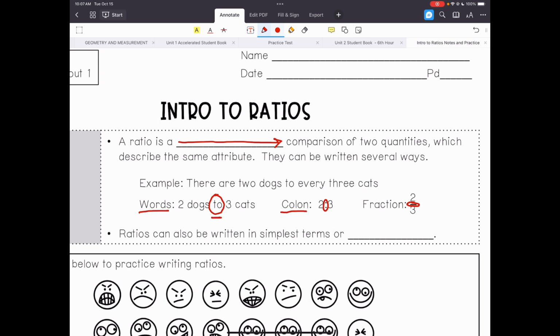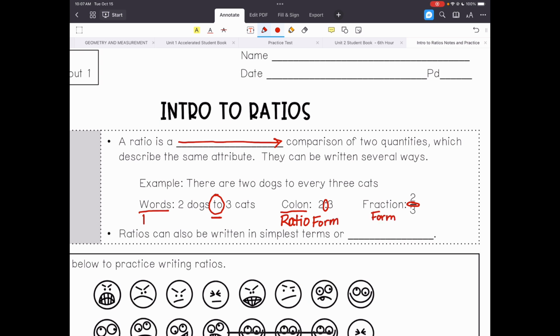There are just different symbols that can separate the numbers, which is ratio form and fraction form. So I do want you to write ratio underneath that, because this is ratio form. So word form, ratio form, and fraction form are the 3.